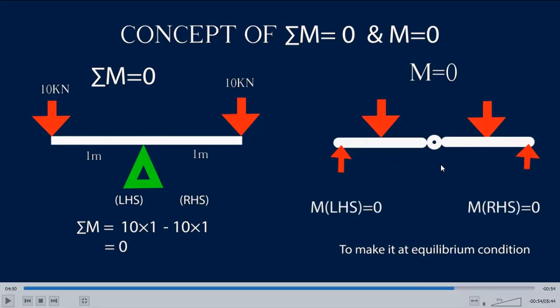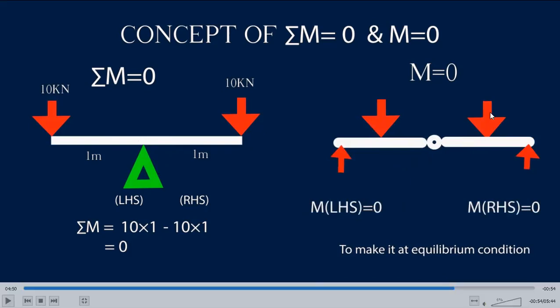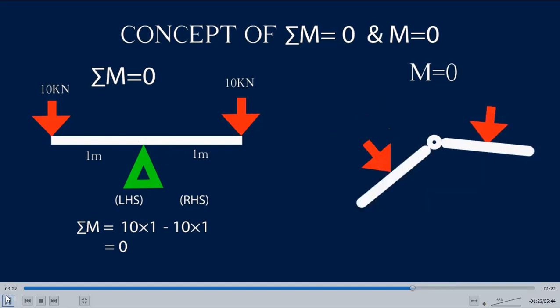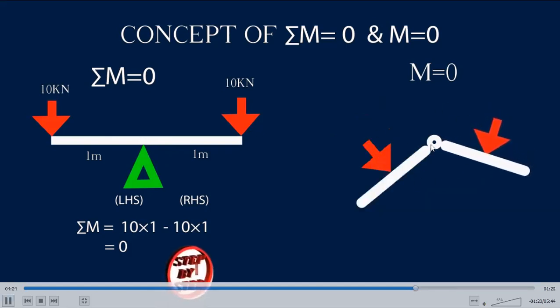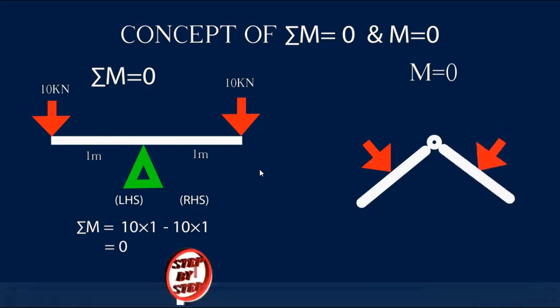So this is the hinge. At a hinge, the bending moments at the left-hand end and the right-hand end are both 0. Again, they can move relatively, so there's always a relative rotation if you introduce a hinge.